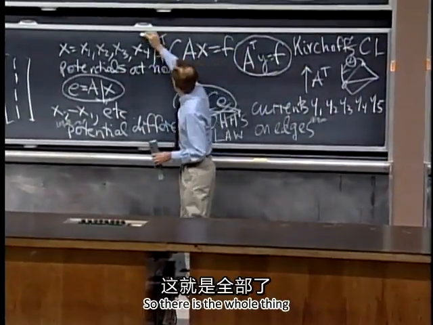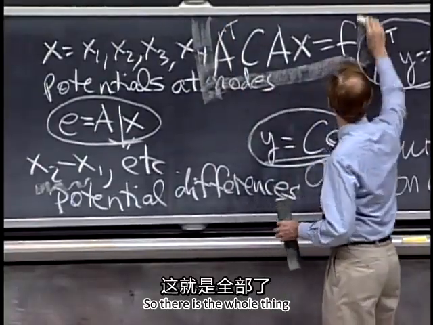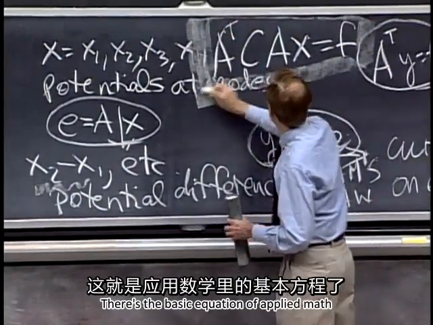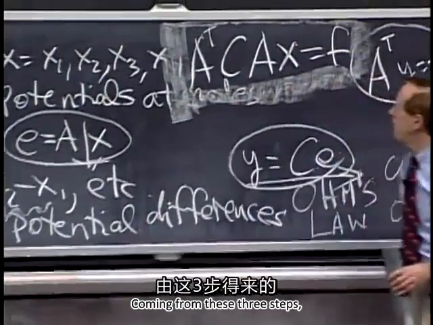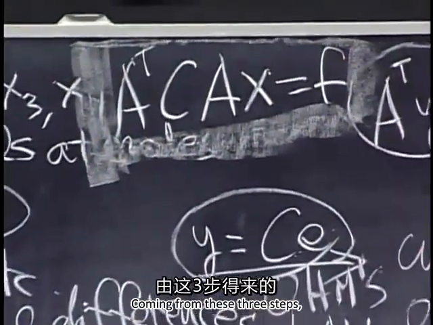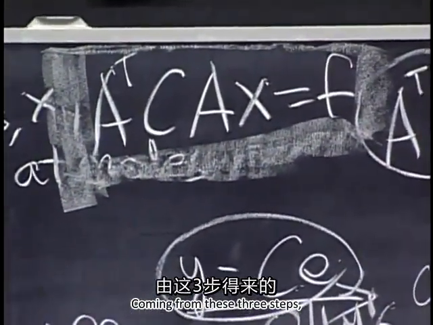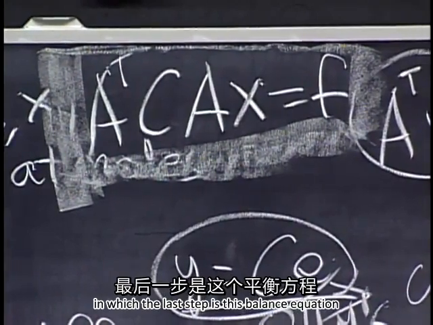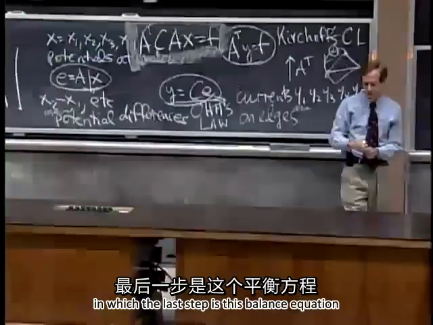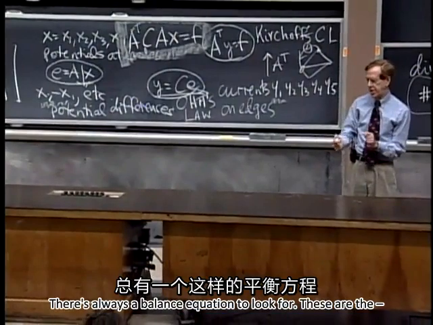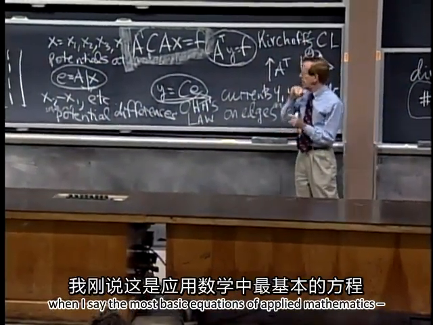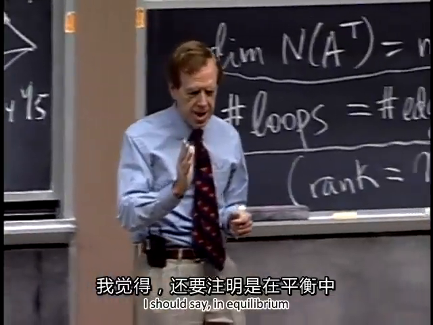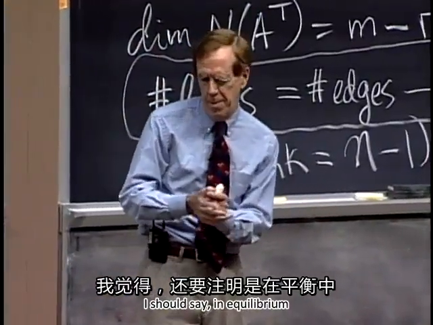So there's the whole thing. There's the basic equation of applied math, coming from these three steps, in which the last step is this balance equation. There's always a balance equation to look for. When I say the most basic equations of applied mathematics, I should say in equilibrium.